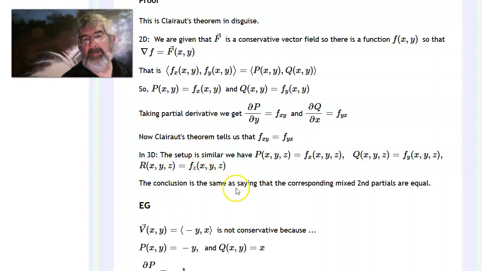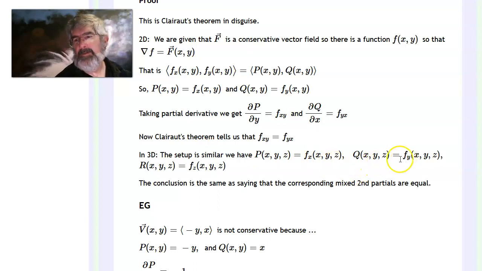And we get the same conclusion by taking mixed second partials. So for instance, this first one, I would take the partial of both sides with respect to y, because this is already the partial. So the partial of P with respect to y would be the partial of f with respect to x and then y.